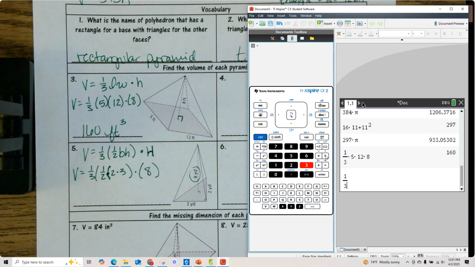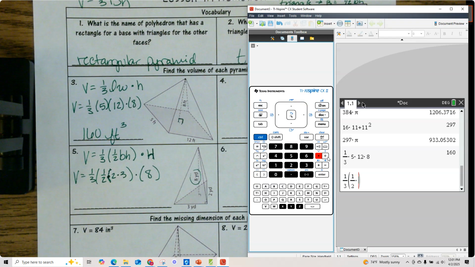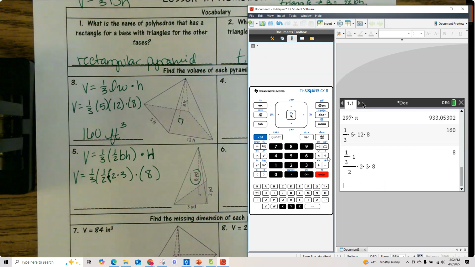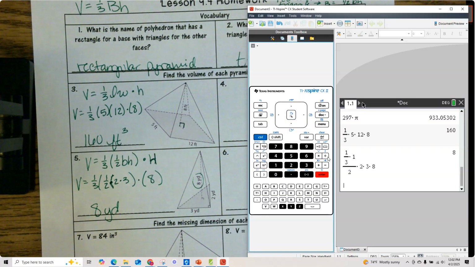So lots of fractions in this one. Just be careful. Now this whole piece, probably wouldn't hurt to put this whole piece in parentheses. So 1/2 times 2 times 3, like that. And then times 8. Oh my goodness. And we get 8 yards cubed. All of the answers on this are nice and pretty.